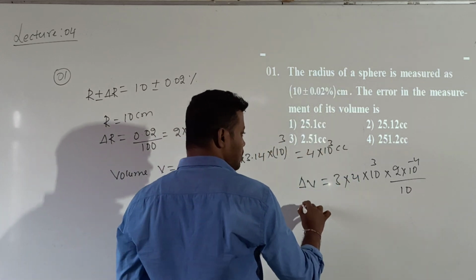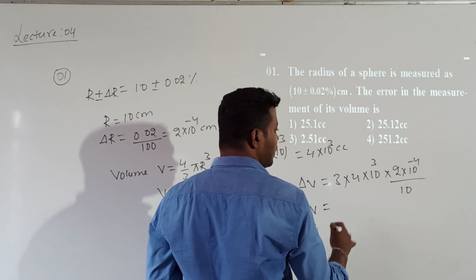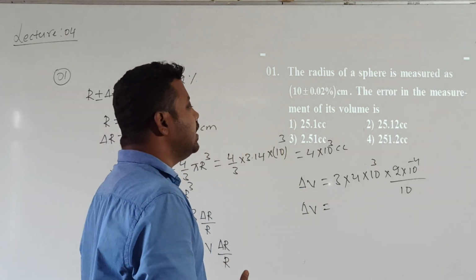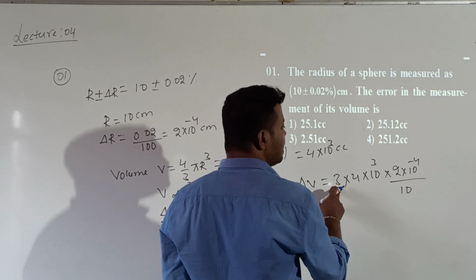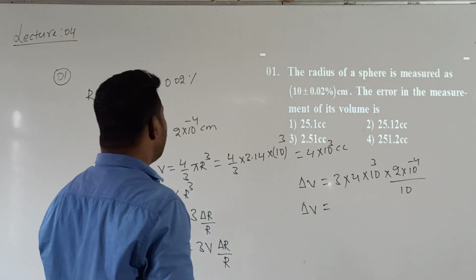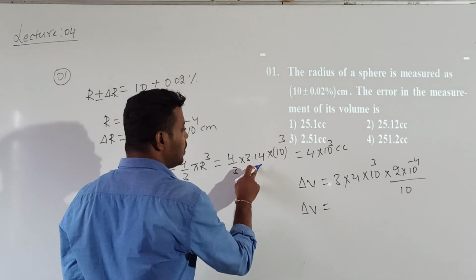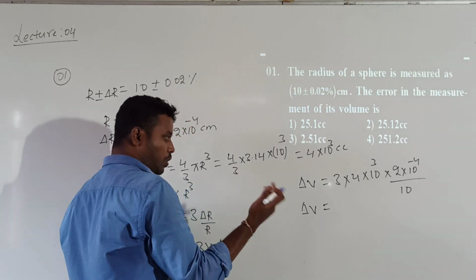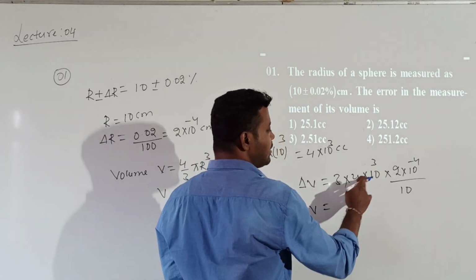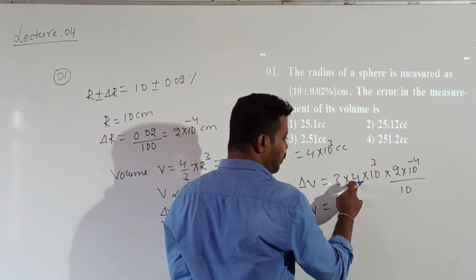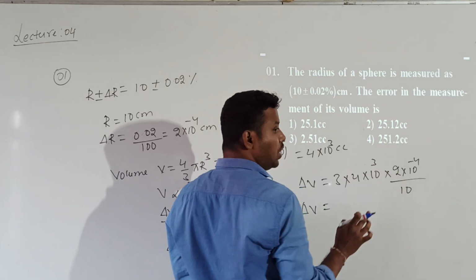Simplify this, so you will get the answer for delta V. What is the delta V value? We get 4 2s are 8, 8 3s are 24. But actually here, we have to multiply 3.14, so what I get is 24 exactly. 3 4s are 12, 12 2s are 24.